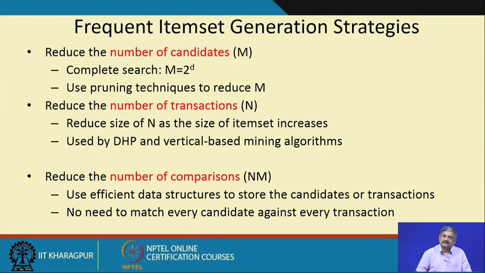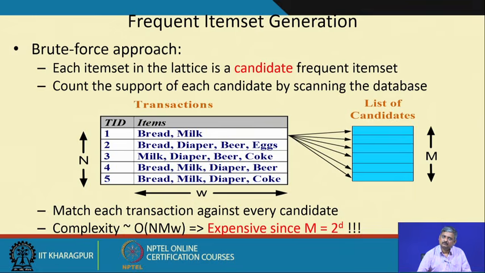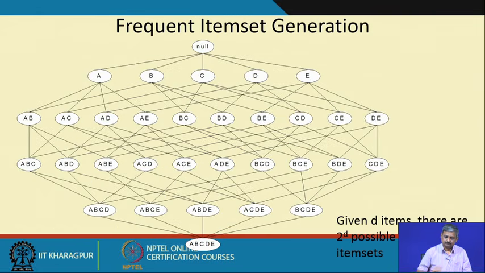Now, but how can we reduce this time? Let me give you an intuition. Do I really need to check each and every one of these possible candidate item sets to see if they satisfy the support condition?